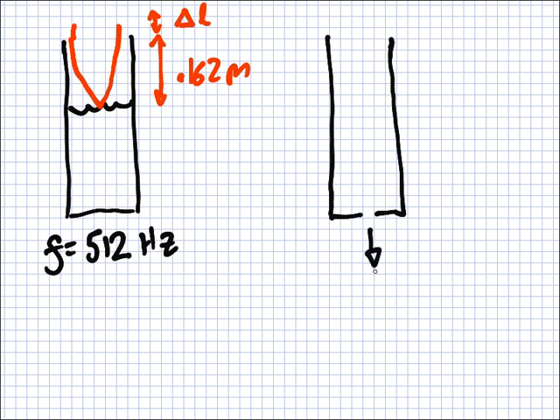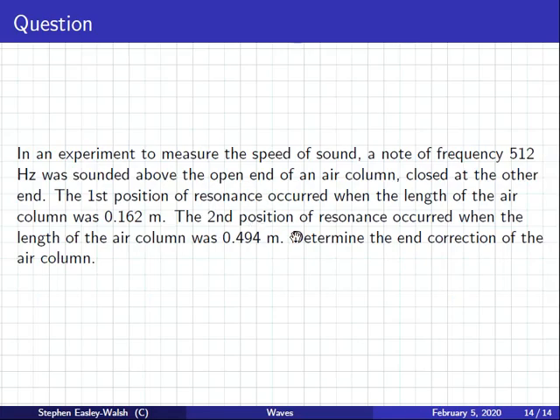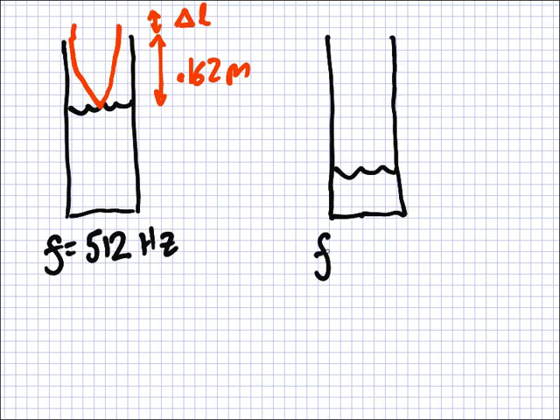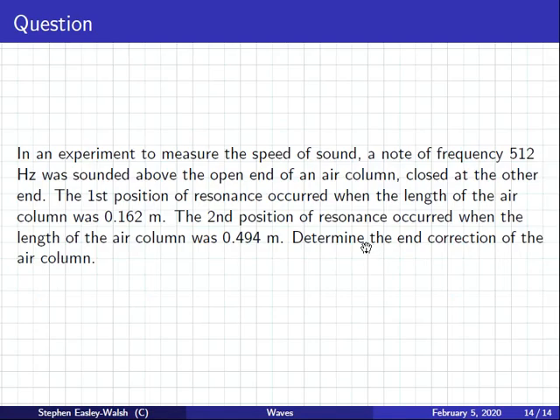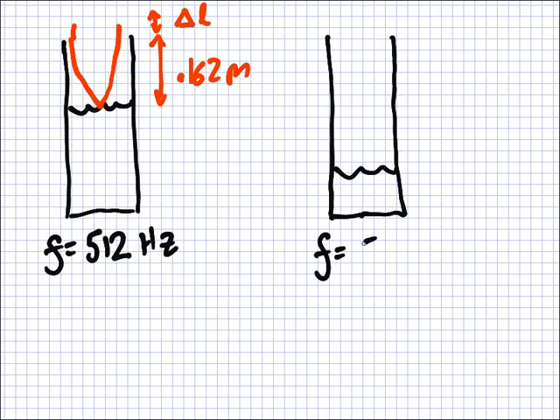Then what they do, they let some water out, and they do that until they get the second harmonic. Okay? The second position of resonance occurs when the length of the air column was 0.494. So the frequency here is, they're still using the same tuning fork, so that's 512 Hertz.